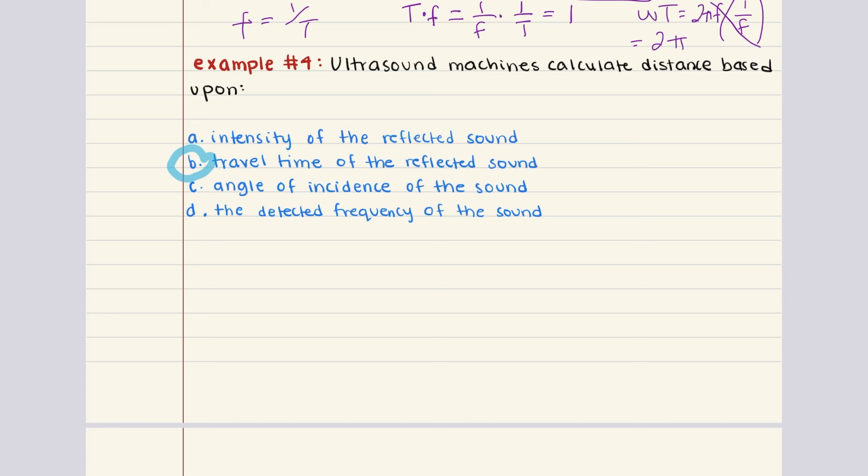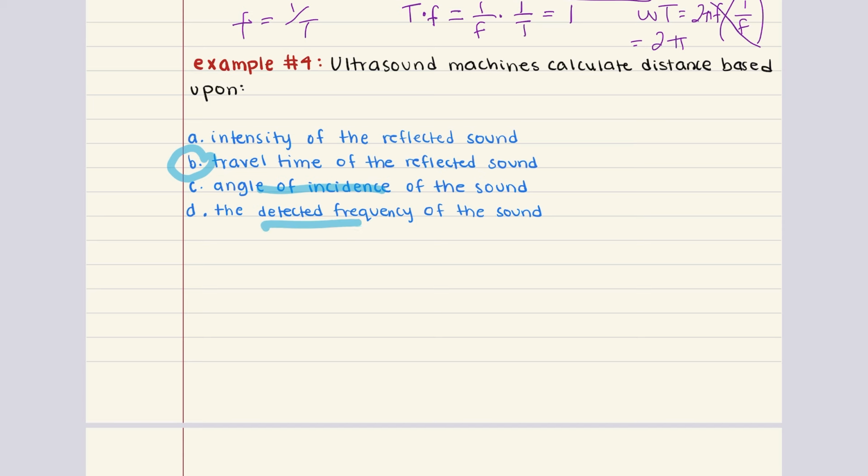I do want to discuss why all the other answer choices are incorrect, though. A says intensity of the reflected sound. Although intensity could be used to measure distance, time of travel is an easier indication, and it's most commonly used by ultrasound machines. C says angle of incidence. This can be used to position various structures on the screen of an ultrasound, but it's not used to calculate distance.